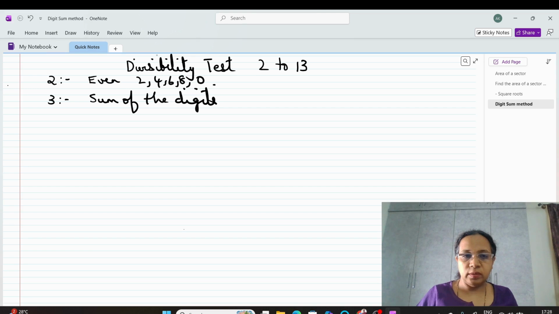Suppose you have the number 132. The sum of the digits is 1 plus 3 plus 2, which is 6, which is divisible by 3.